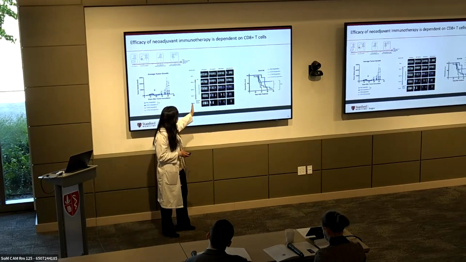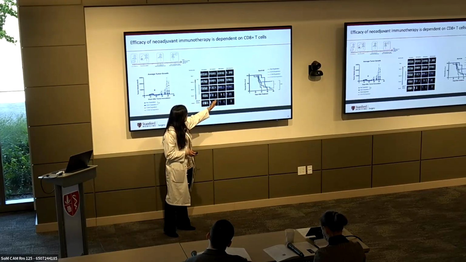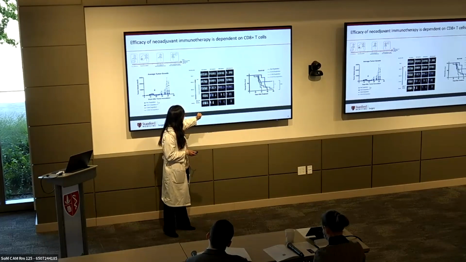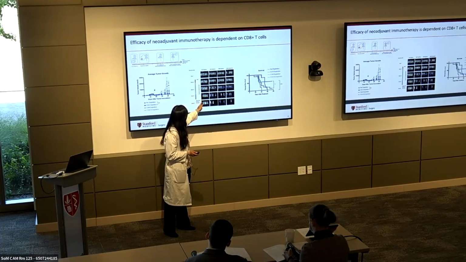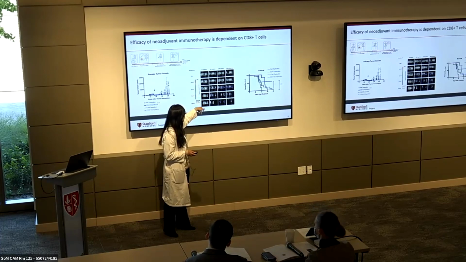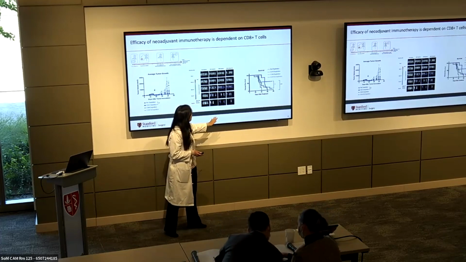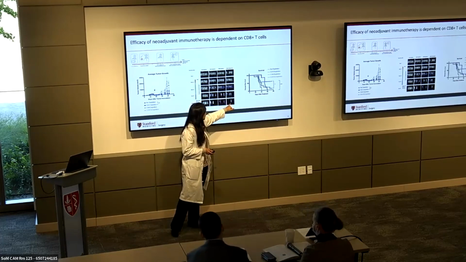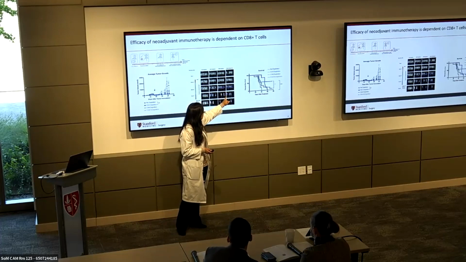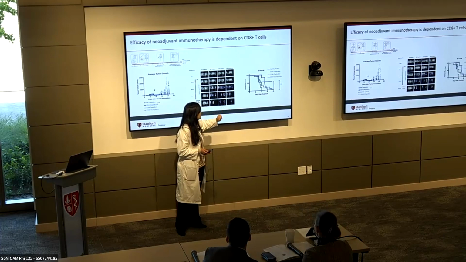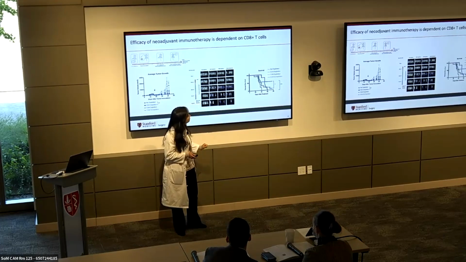And you can see in systemic disease burden, and this is just IVIS bioluminescence tracking the systemic disease burden. This is no depletion. You can see that one mouse had a burden of disease, N of 10, so this is a representative image. Whereas in mice that had both CD4 and CD8 T cell depletion, the mice very quickly had recurrence, had this systemic disease, and no survivors.